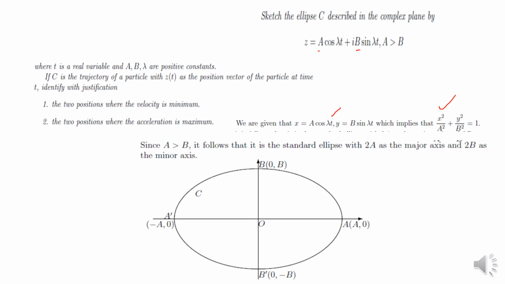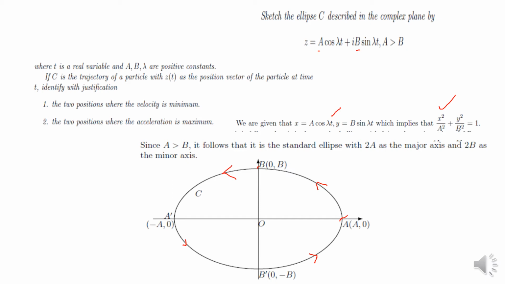Why is it so? Because before knowing it, we need to draw it. We are starting from 0 and moving in this direction. The ellipse is there, this we know from the question itself, and it is moving to pi upon 2 omega. It means it reached this point, B. Then pi upon 2 omega to pi upon omega, reaching the A dash point. Lambda and omega are interchangeable, so please don't get confused.